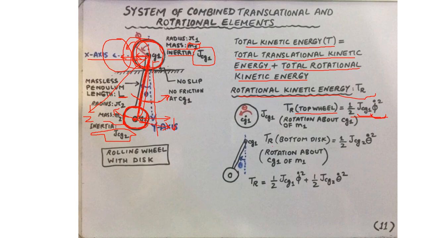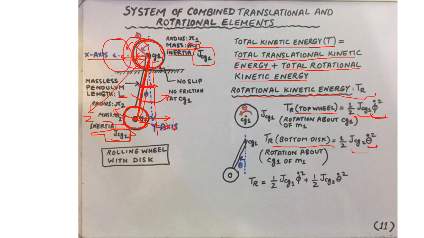Then comes the bottom disk, that is the pendulum disk. The pendulum disk is going to rotate about the z-axis and the center of gravity, and the inertia of this rotational motion is given in the problem, that is Jcg2. But what about the angular velocity? Well, this is theta, shown here. If you go back one slide, it is basically theta.